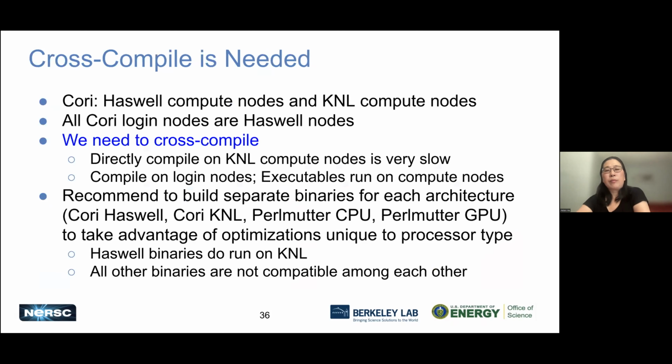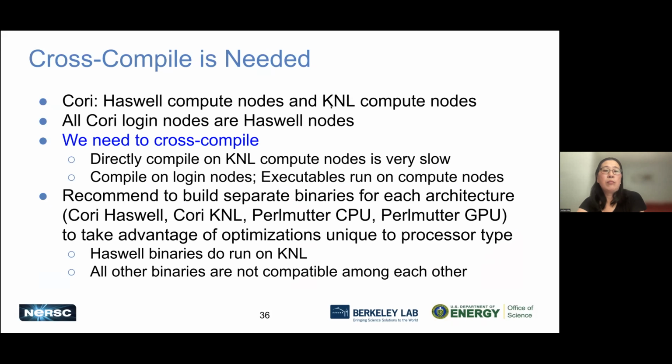The KNL binary won't run on Haswell compute nodes because the architecture is different. Haswell binaries built on Haswell compute nodes can run on KNL compute nodes, but they are not optimized because you're not taking advantage of the KNL node architecture.